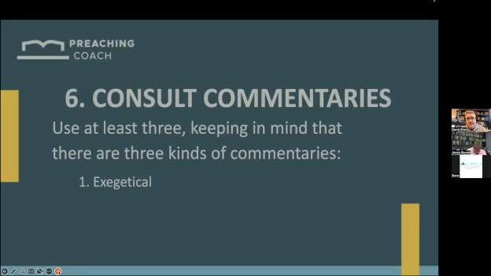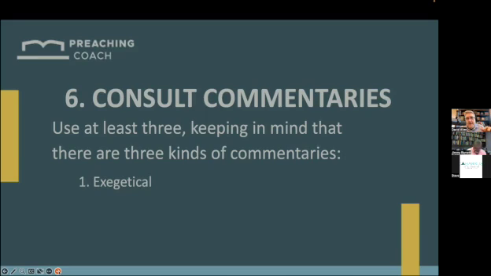The Baker Exegetical Commentary on the New Testament series is really good for that purpose. Here's another one, the Zondervan Exegetical Commentary on the New Testament. That series is a perfect series in this category. Now, both of those series lay out, when they come to a section, they're not just doing verse by verse commentary.